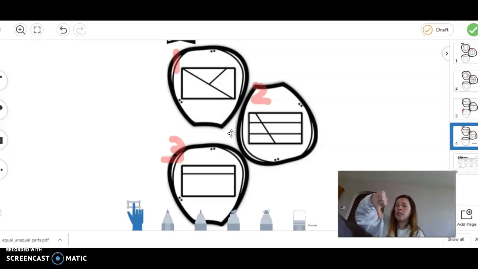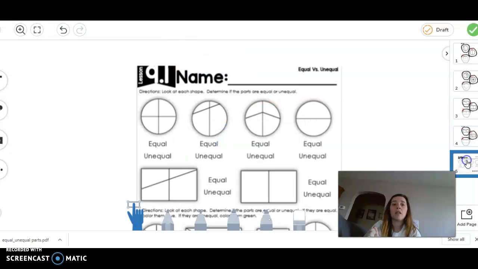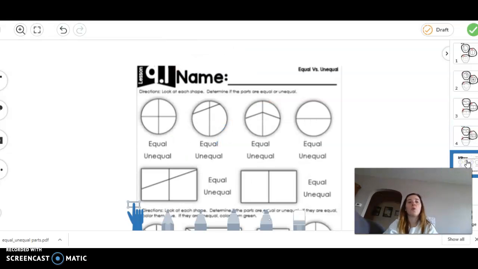Right, those are unequal parts. Those are not the same size. Look at number 3. Equal or unequal parts? Right, those are not equal either. This one's really skinny compared to this one. Good job.